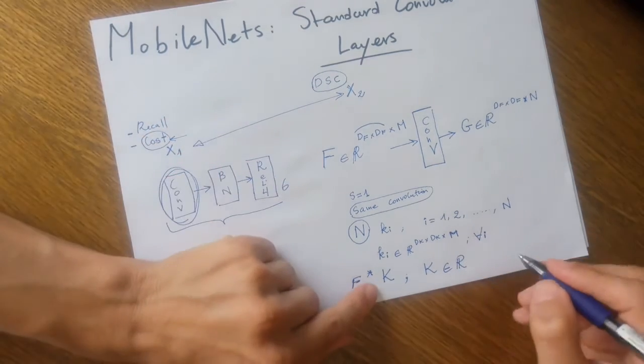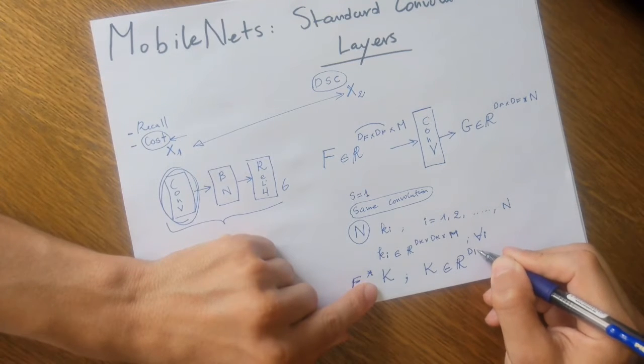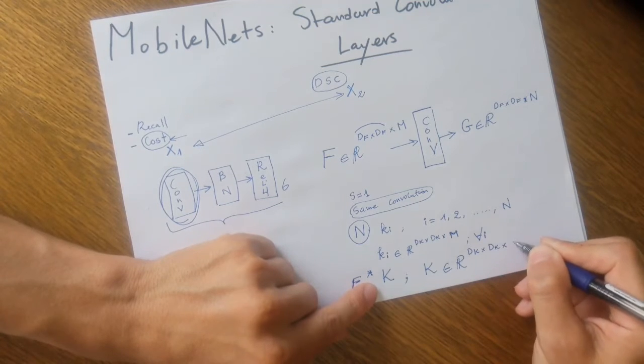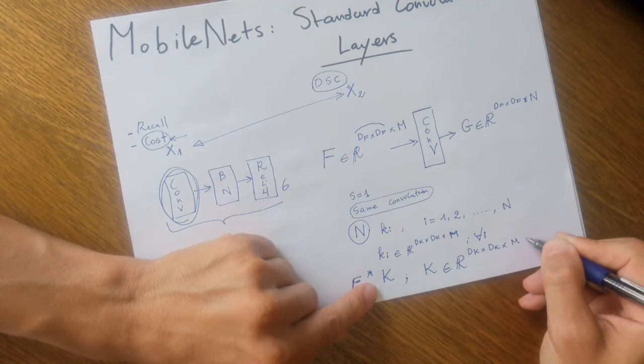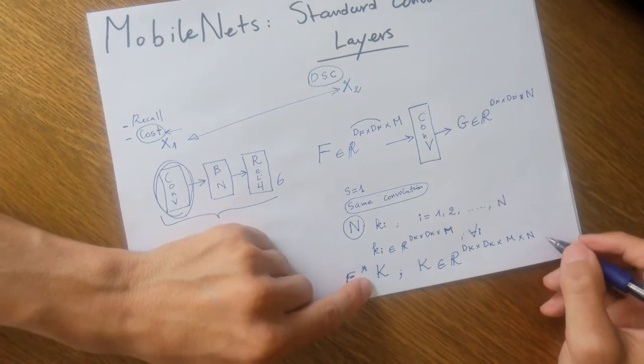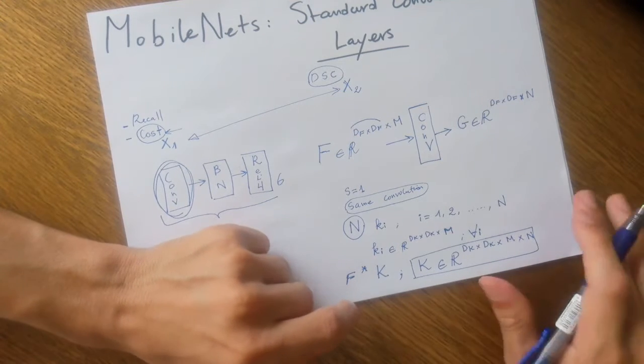So we have 4 dimensions. The first 2 dimensions are the spatial dimensions of each kernel. Then we have the number of channels of each kernel, and then we have the total number of kernels, right? So this was a recall.